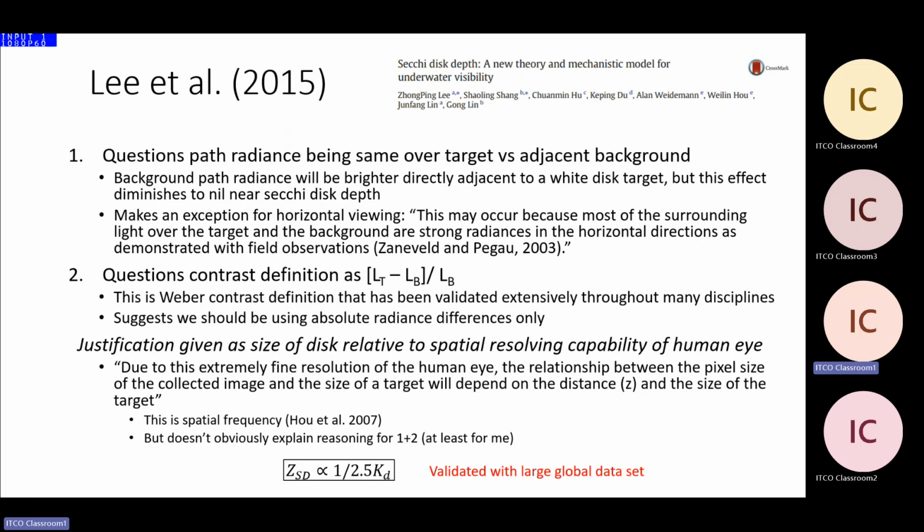What's really important here is that what he came up with, in the red, is validated with a really huge global data set of Secchi disk depth and KD, and then applied to satellites. Zhangping is really clever about developing models and inversions.